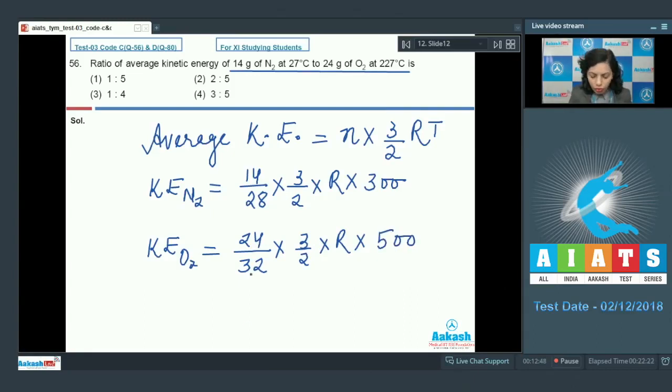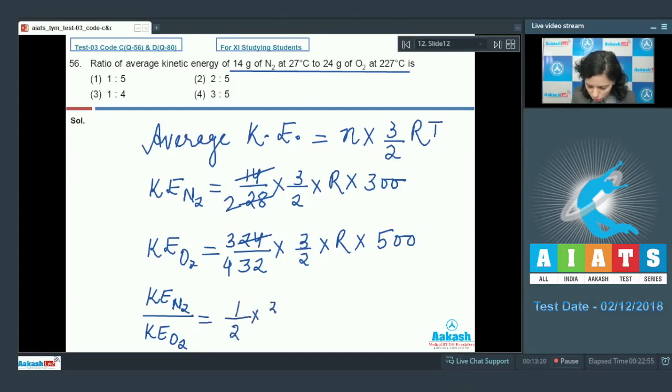So what we need here, we need the ratio of these two. So kinetic energy for N2 upon kinetic energy for O2 is equal to, we cut here, this is 1 by 2. This would be 3 by 4. Now, in this case, we can write it as 1 by 2 into 3 by 2 into R into 300.